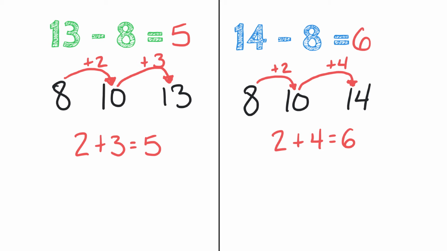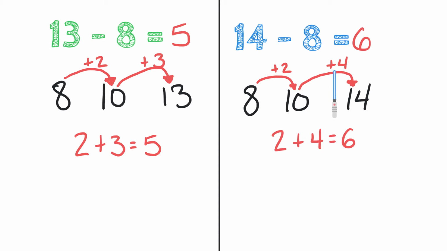All right, boys and girls, welcome back. Here's what your problem should look like. So you should have had 14 minus 8 equals 6. So we were trying to find the difference between 8 and 14. So we're going to go from 8 to 10 first, and we go to 10 first because 8's a friendly number. So from 8 to 10, we have to add 2. So 8 plus 2 is 10, and our final destination is 14.